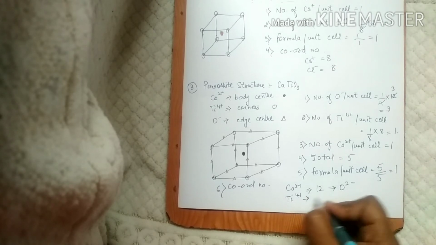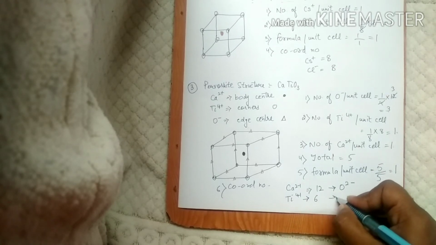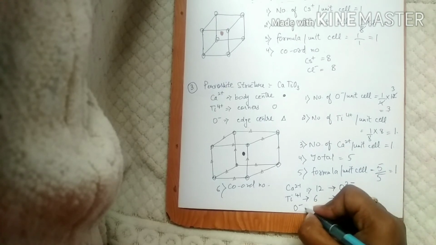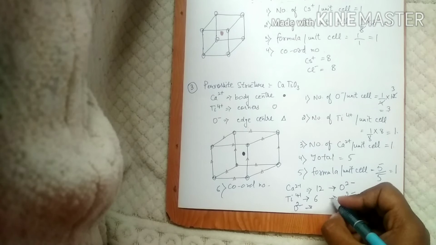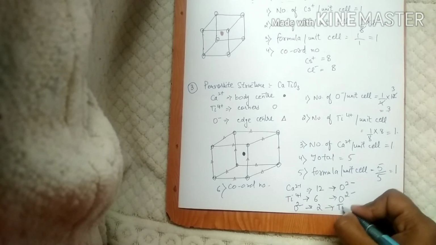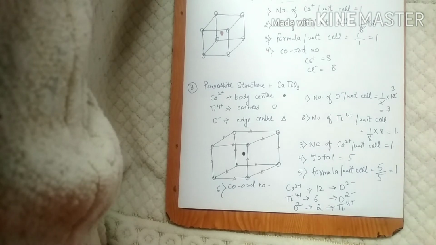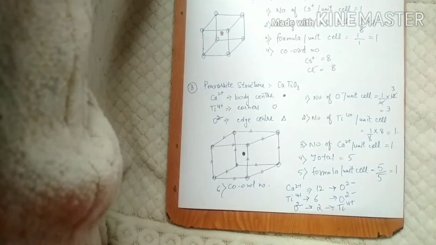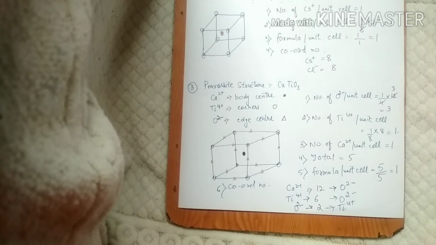It is 6, surrounded by O2- ions, and O2- is surrounded by 2 Ti4+. Sorry, here it is O2-. So this is all about the perovskite structure.